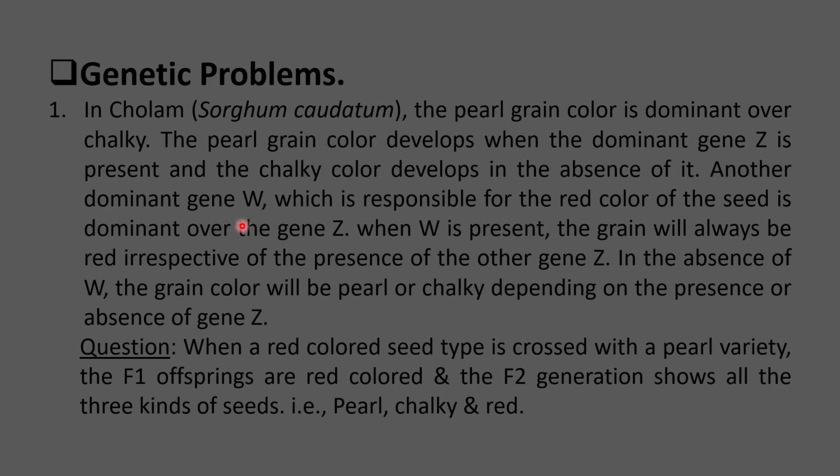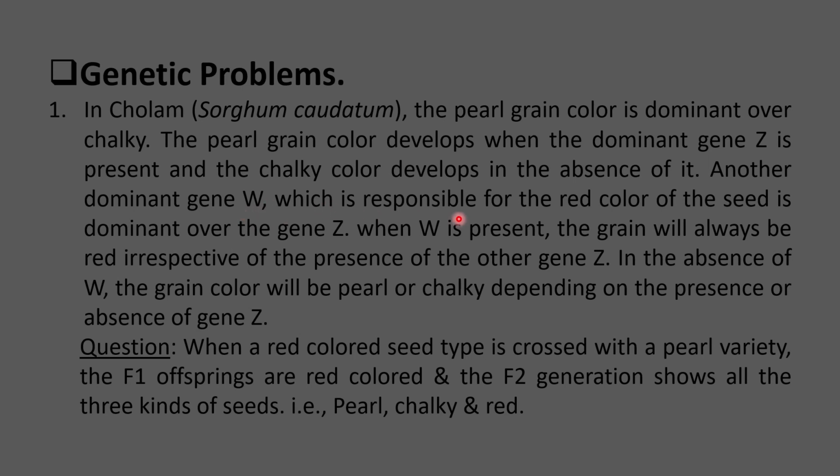Another dominant gene W, which is responsible for the red color of the seed, is dominant over gene Z. This dominant gene W is the non-allelic gene that we discussed about. This is the non-allelic gene that is present in a different locus and has an effect on the allelic genes here.